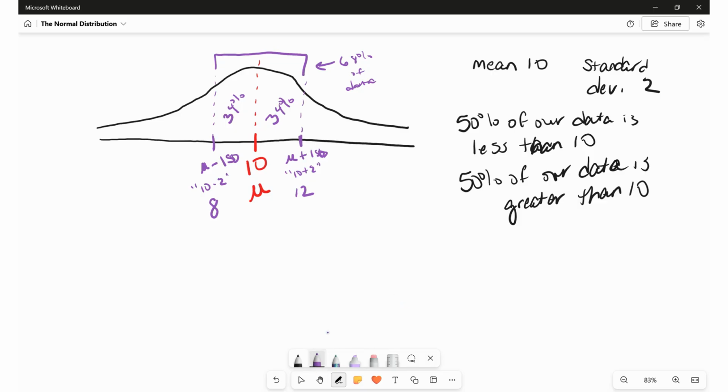Now, then we have this here on either side. And this is going to be mean minus 2 standard deviations. So if mean minus 1 standard deviation was 10 minus 2, mean minus 2 standard deviations is going to be 10 minus 4, or 6.